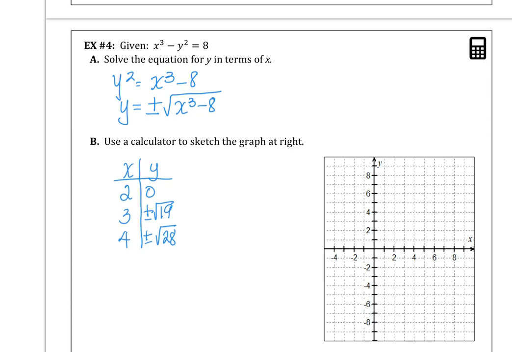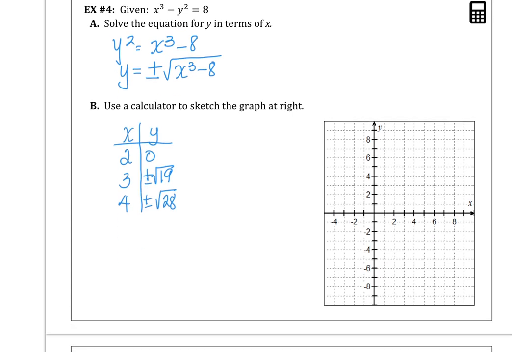So looking at that on a calculator, we've got 2, 0, and 4 is the square root of 28, so that's going to be somewhere close to 7. And 3 is the square root of 19, so a little bit bigger than 4.